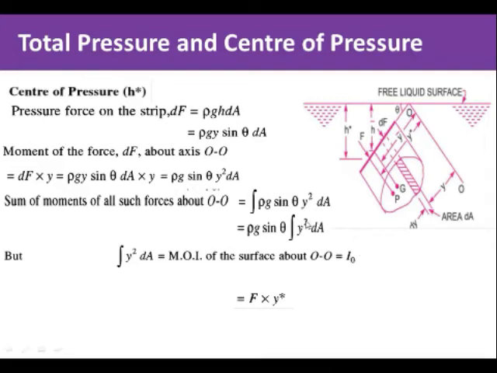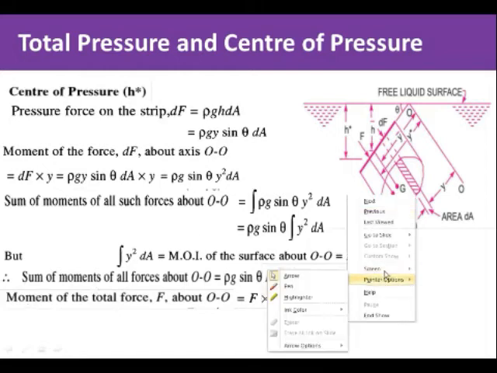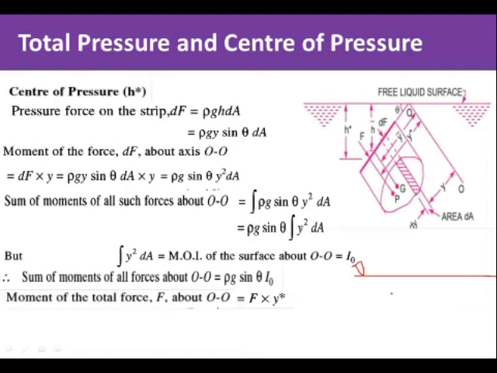So we'll put this value of IO in our equation. Therefore, we will have the sum of moments of all the strips, that is the total moment, equals rho g sine theta into IO. Now, we know the moment of force about axis OO. One minute. Suppose this is our liquid surface, this is our surface, and this is point O. So the total pressure force F is acting at a depth h star, and its distance from the axis is y star.